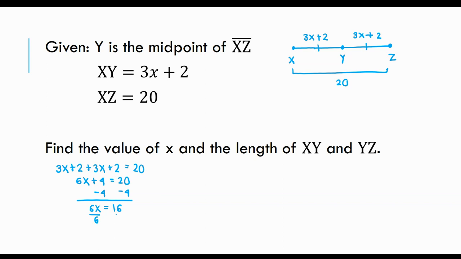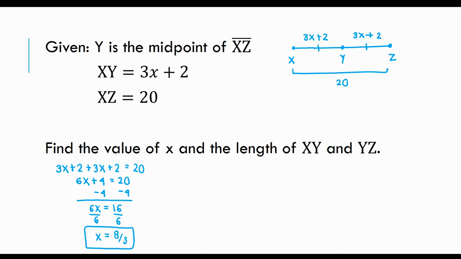And then I'll divide by 6. And so that is not going to divide into a nice whole number. That's fine. I'm going to keep it as a fraction, but this fraction does simplify down. So 16 over 6, both have even numbers, so I'm going to divide them by 2. And so I found x to be 8/3.